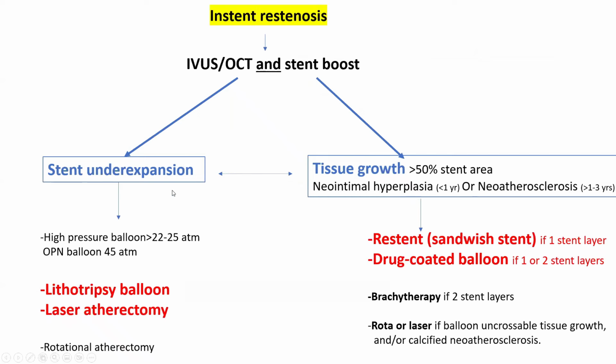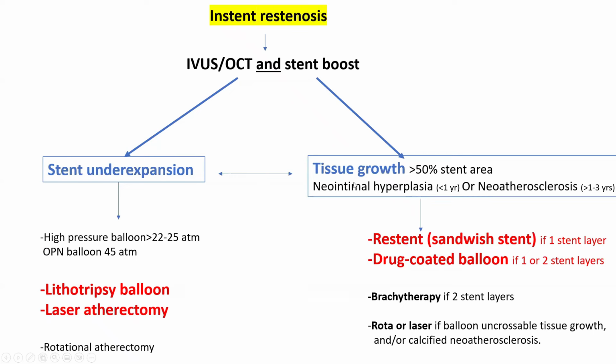Usually it's a stent underexpansion in 40+% of the cases, and tissue growth in about 60% of the cases, with a lot of overlap in over 20% of the cases. If it is stent underexpansion, the big treatment is either lithotripsy or laser atherectomy after having tried high-pressure balloons.